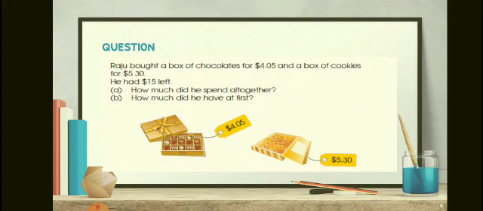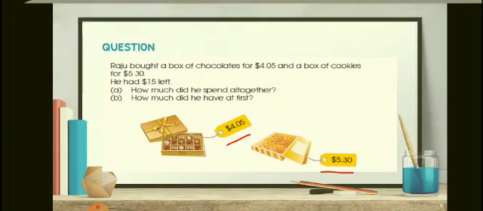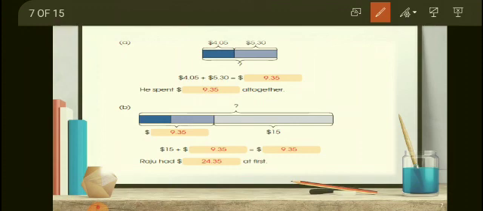So first we just add the amount of chocolate and cookies. So let's see how. When we add both amounts, we get the answer 9.35. And what he had at first means we are going to add the amount 9.35 with 15, which he has at the end of the purchase.